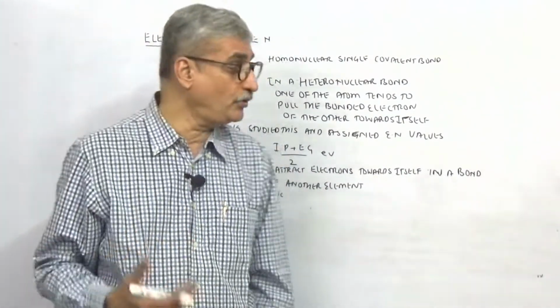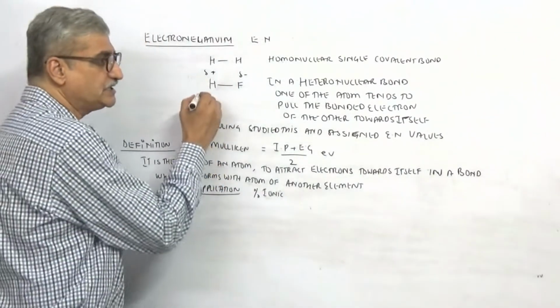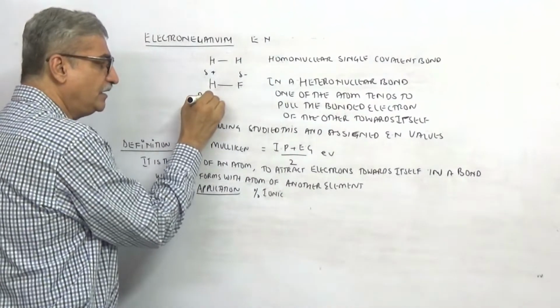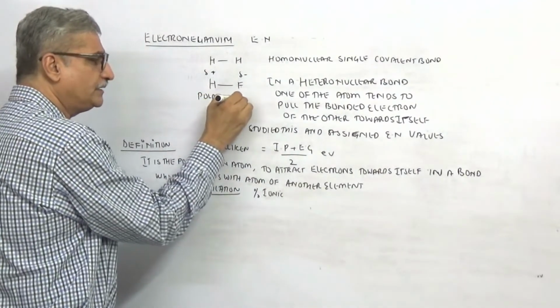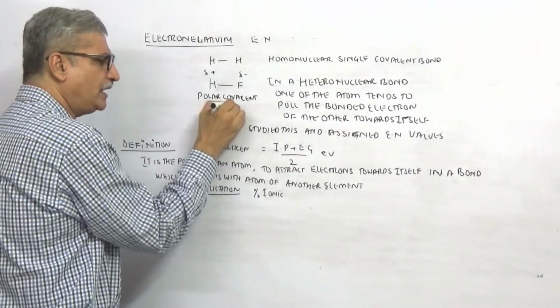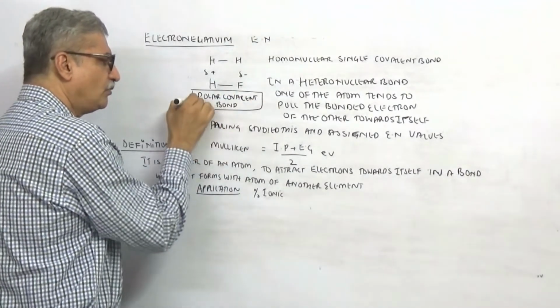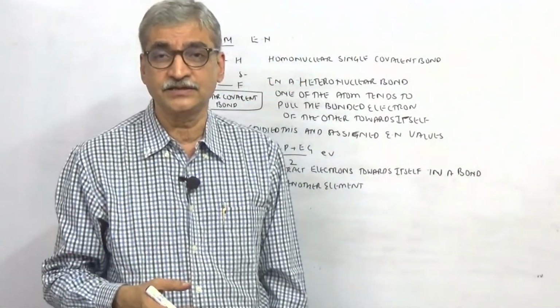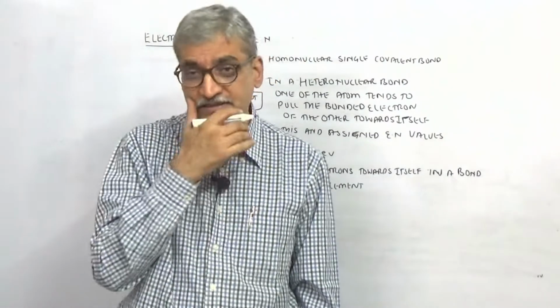But here this is a polar covalent bond. This bond is a non-polar bond, whereas this will be a polar covalent bond. So what is going to happen in a polar covalent bond? Some amount of ionic character is introduced. How much is that? That calculation is asked.